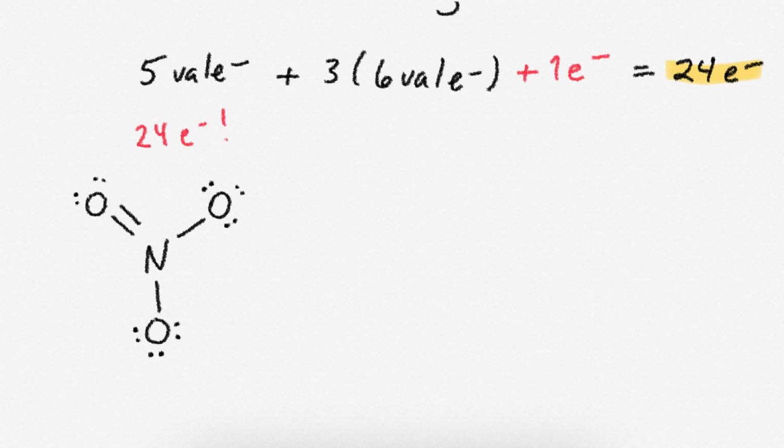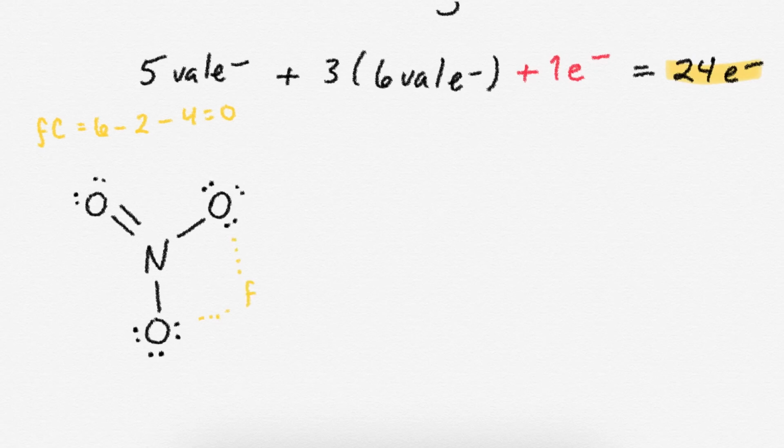Let's enhance our structure by adding some formal charges. So the formal charge for this oxygen is 6 valence electrons, subtract off the number of shared pairs, minus the total number of dots, with the total number of electrons in the lone pairs, which would be 4. So that has a formal charge of 0.